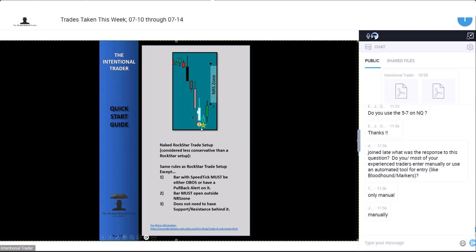Now, not to say that you couldn't use it and build your own bloodhound. All of our indicators, except for the Rockstar and the Super D, you can use in Bloodhound. You can also make a substitution.